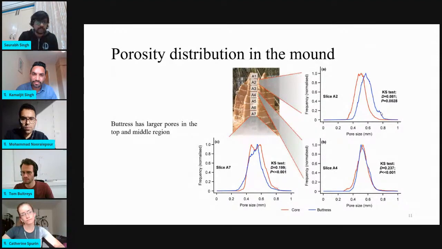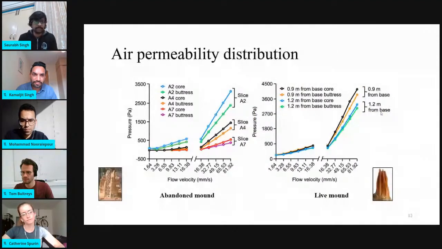Now coming to the air permeability, here I'm showing you a pressure versus flow velocity plot. As you can see, A2, A4, A7 are different heights. For each height, we will require more pressure to maintain a certain velocity for the core in comparison to the buttress, as you can see here, blue plot versus green plot.